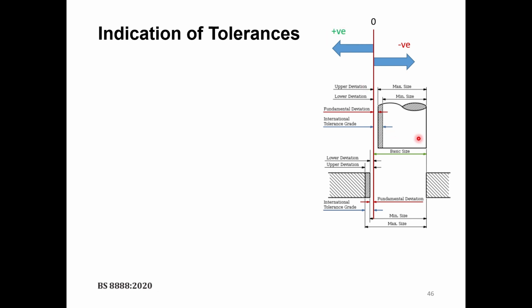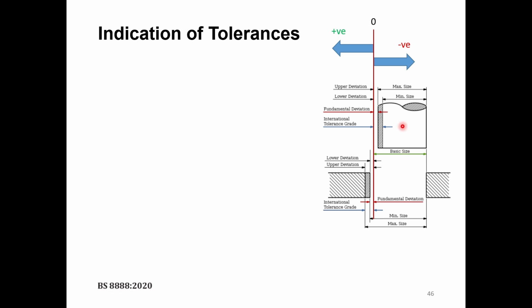What do I mean by that? Let's start with the shaft. There is some tolerance that would be given eventually. We cannot manufacture a shaft that is exactly 50 millimeters. So we should give the manufacturer some sort of acceptable limit.